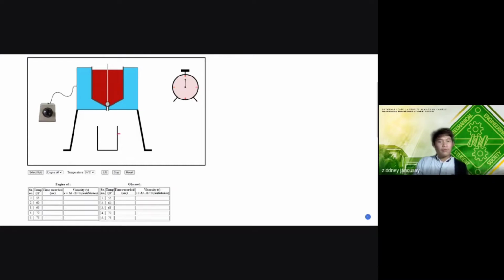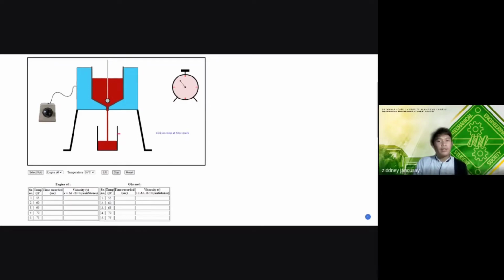To start off, the first thing we are going to do is to select the fluid and set the temperature for each trial. Moving on, for the first trial, we will use engine oil as the fluid and set the temperature to 55 degrees Celsius. And after that, we are going to click the lift button in order to allow the fluid to flow into the volumetric flask.